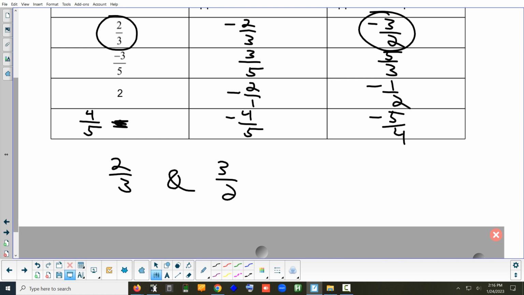So these would not be perpendicular. How about if I did that? What do you think, Aiden? Yeah. Now they're opposites and they've been flipped. So these would be considered perpendicular. So that's the key to finding something perpendicular. Take your slope, make it the opposite, and then flip it.